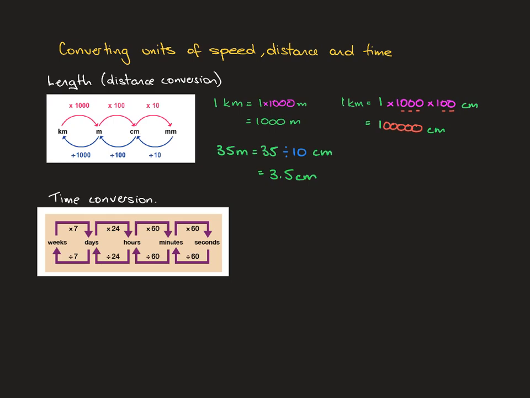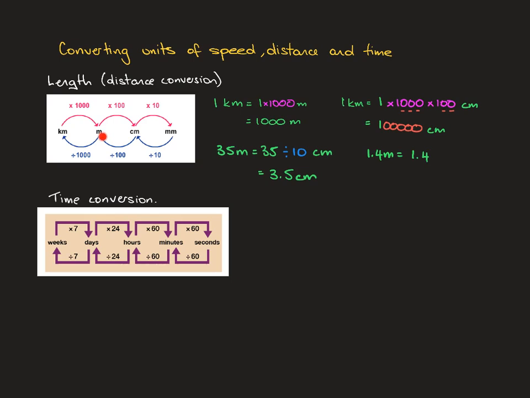But what if I wanted to go from metres to millimetres? Say I had 1.4 metres and I wanted to know what that was in millimetres. I put my 1.4 down, and then I look at my conversion.